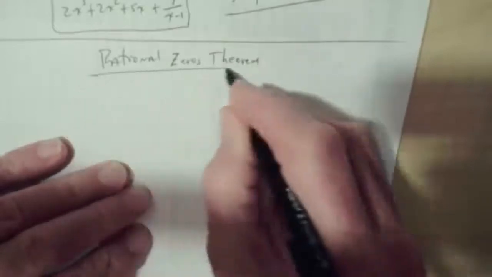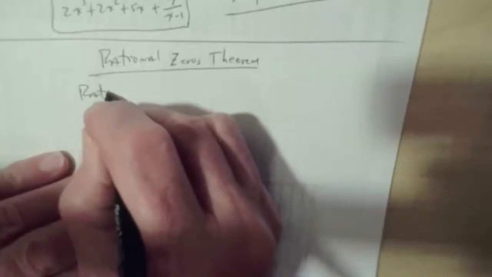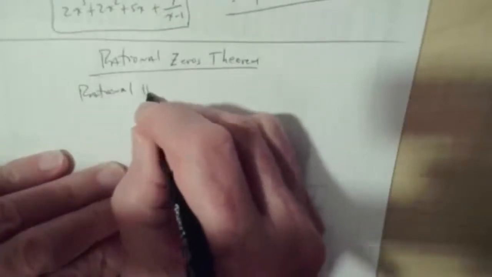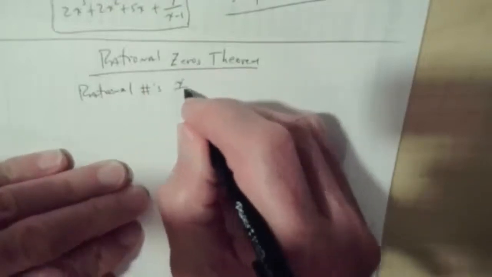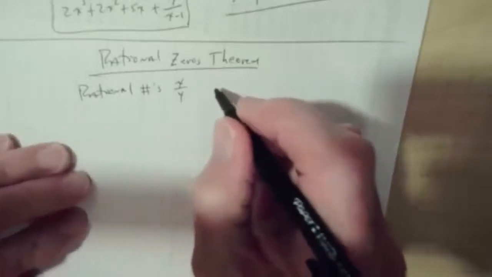Now, first of all, rational numbers can be written as any fraction. Okay.